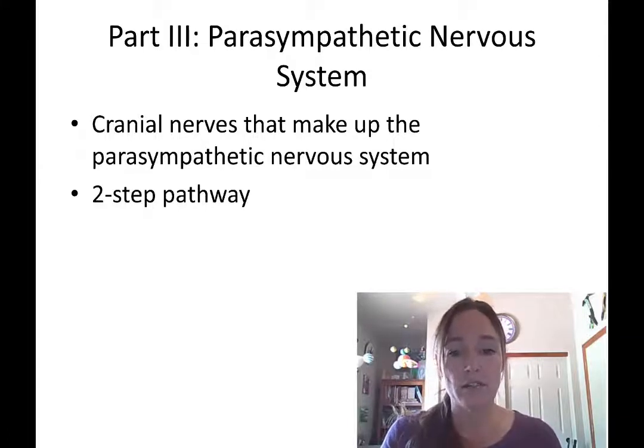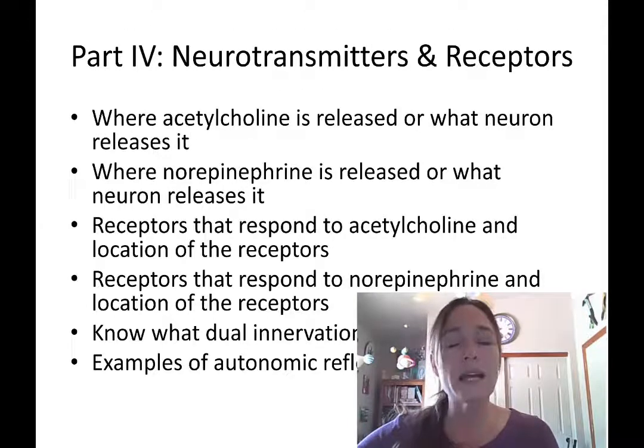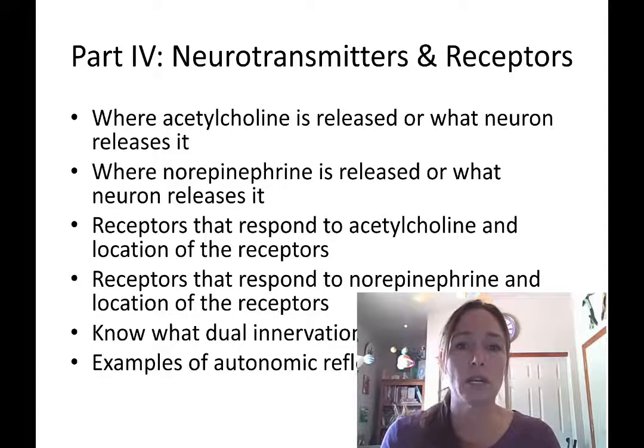The sympathetic nervous system will reduce digestion and raise heart rate in a flight or fight manner because it's going to release and expose the heart to norepinephrine. So think of acetylcholine and norepinephrine as the on-off switch that determines whether you're parasympathetically stimulated or sympathetically stimulated. So let's get more into detail with the neurotransmitters.